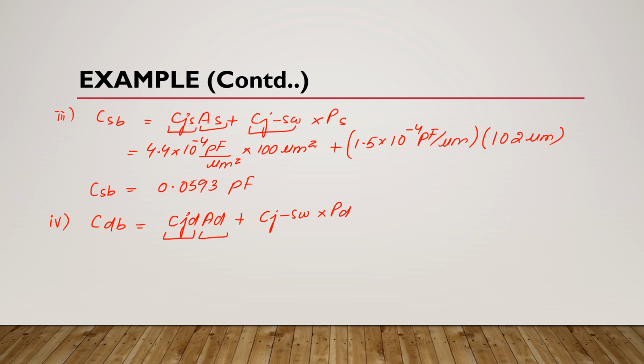This term is fixed, and the values of source and drain perimeters are also same. It means here the value of drain to bulk capacitance will be 0.0593 picofarad. Okay, so these are the capacitances in cutoff region of field effect transistor here.